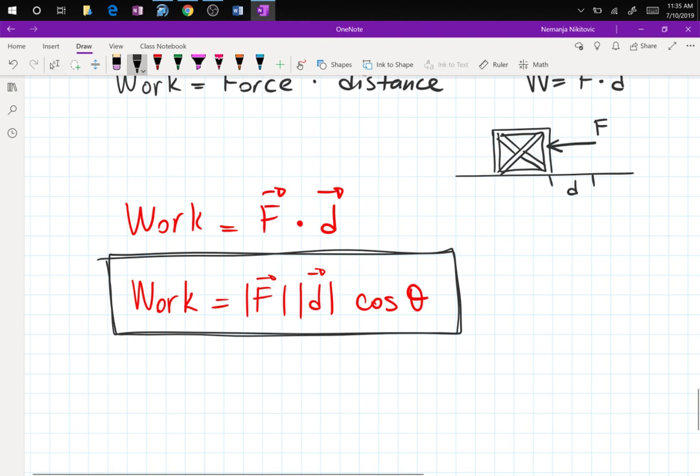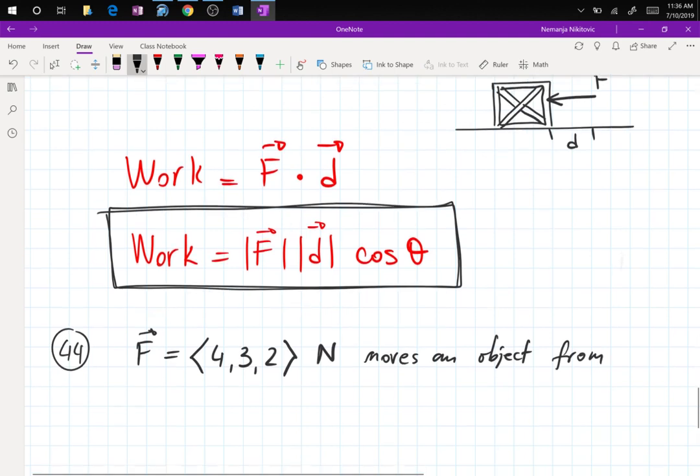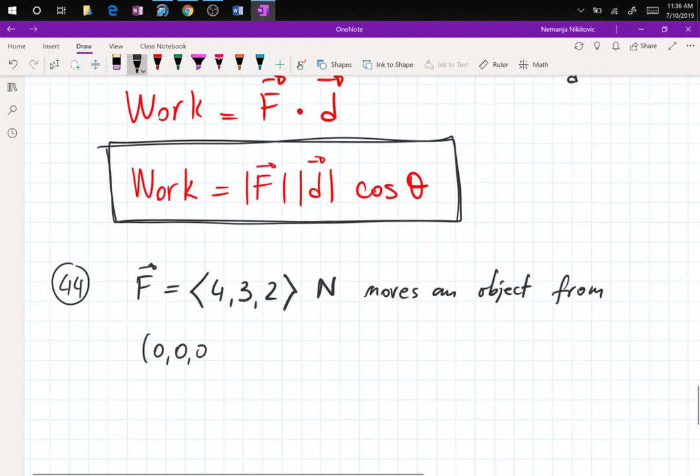This is problem 44 in the homework: a constant force F given as 4, 3, 2 in newtons, capital N, moves an object from the origin, which is 0, 0, 0. Oh, this is 3D. Wow, that's fine. To 8, 6, 0.